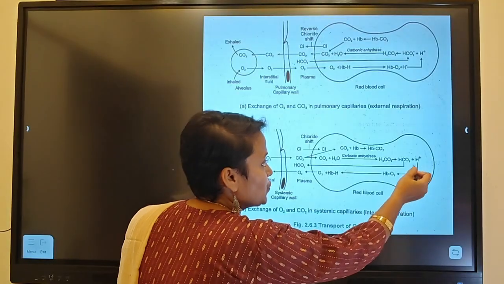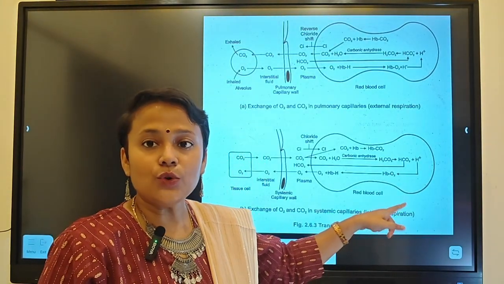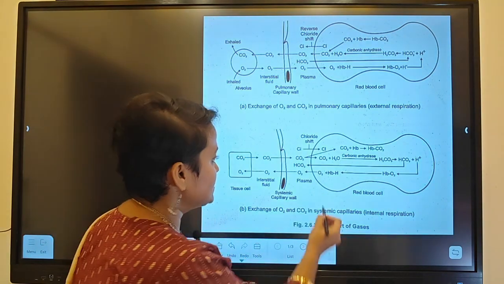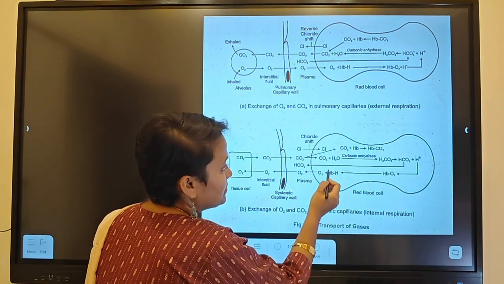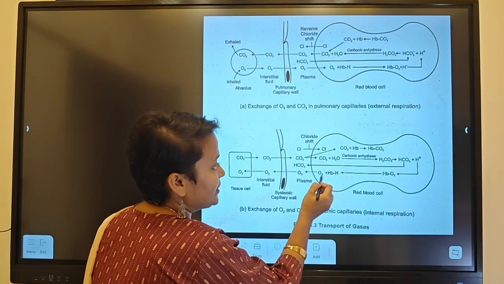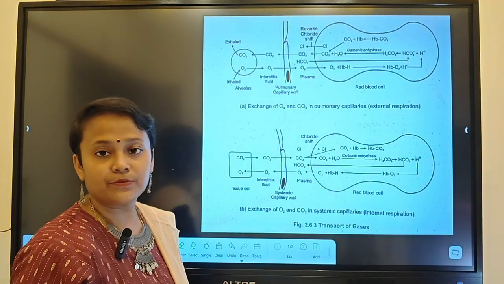And this proton will react with oxyhemoglobin to release the oxygen. You can see here it will react with oxyhemoglobin to make hemoglobin and free oxygen, and that free oxygen will enter into the tissue.